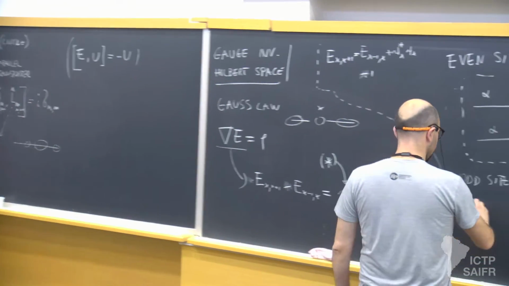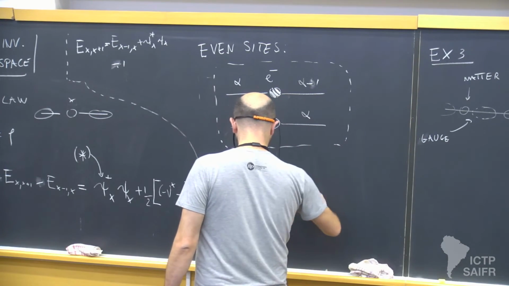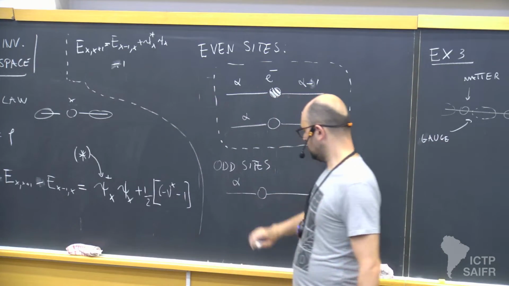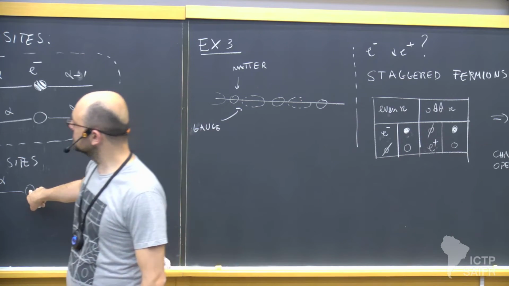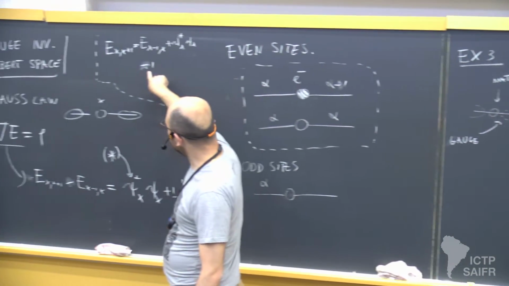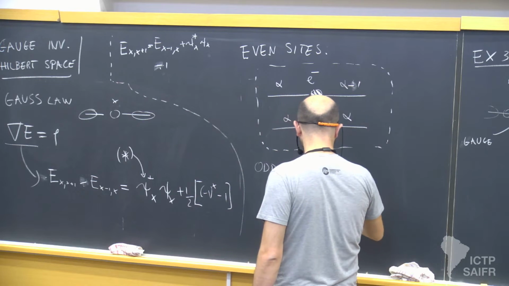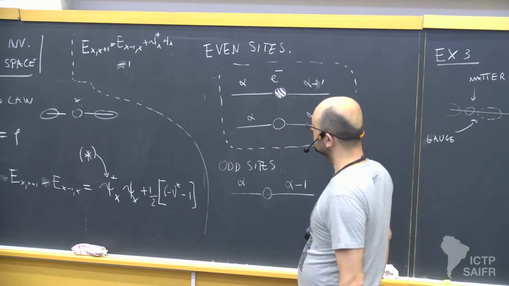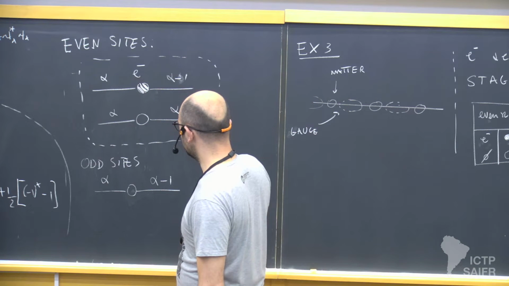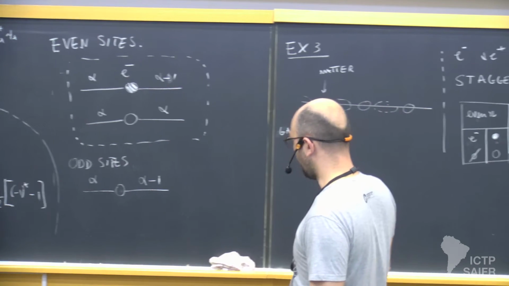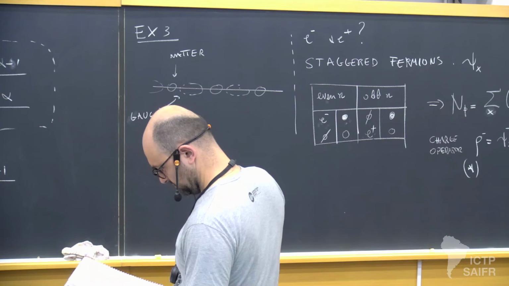So what is happening here is the following. If I enter here with an electric field flux alpha, and I have nothing, this is 0, but I get a -1, so this has to become alpha minus 1. No, wait. There is something weird.